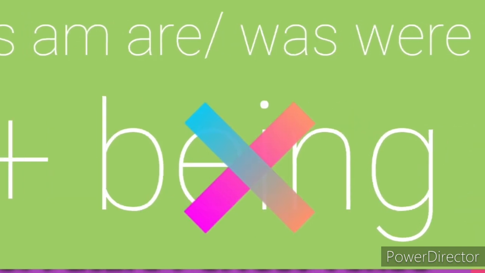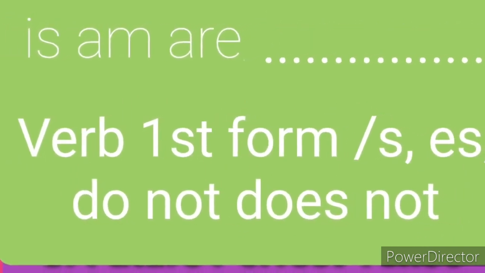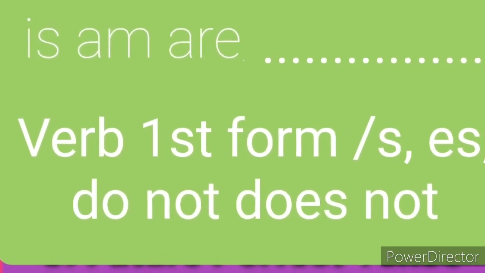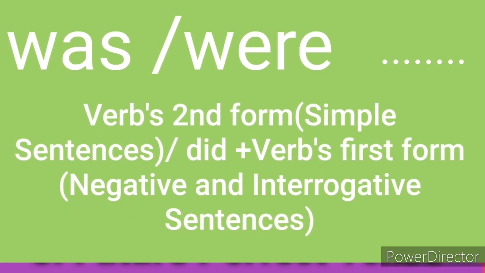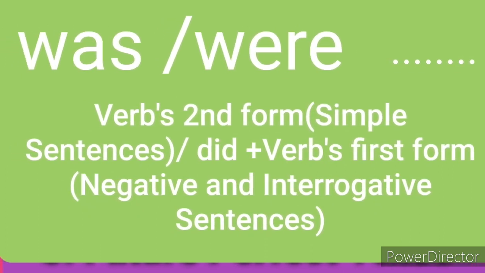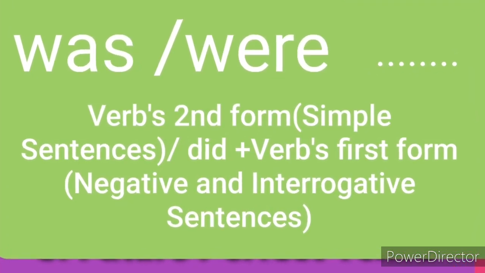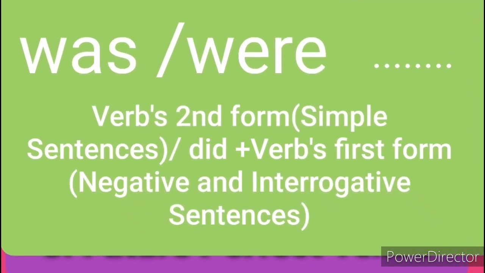And if only is, am, are, then we are supposed to use the verb's first form with do, does, or s or es. And if there is was, were, then we are supposed to use the verb's second form, and the first form if negative or interrogative, again with did.